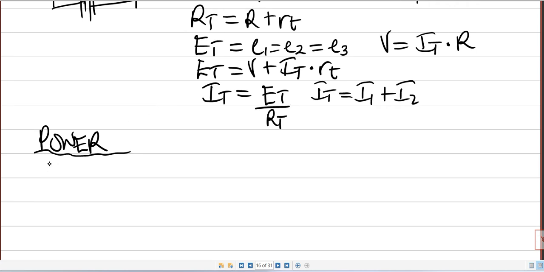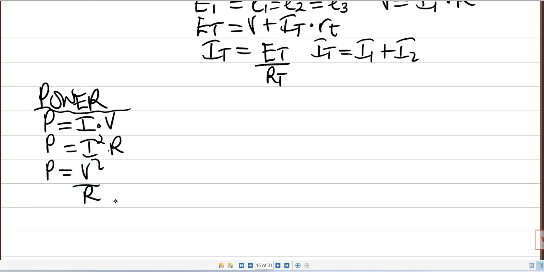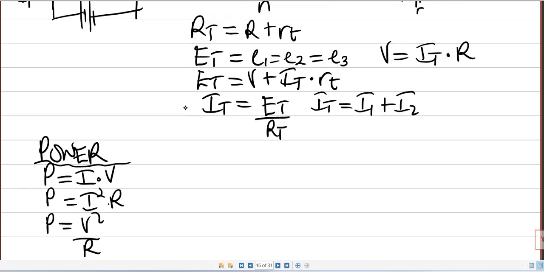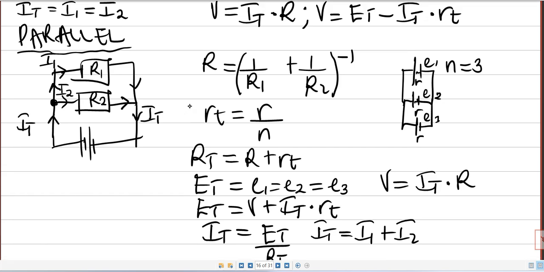For power, we have current times voltage, we have I squared R, and we have V squared over R. I think these are the standard formulas you would have to use in case they require you to find power. So these are our equations, and we need to make sure we know how to use them.